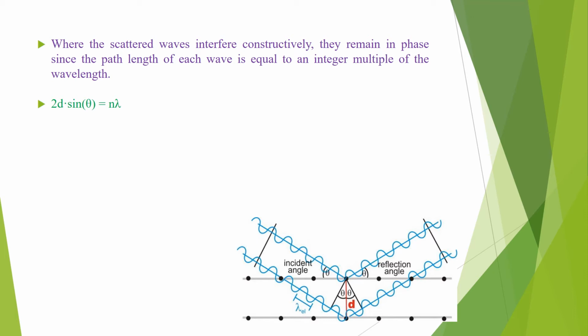So 2d sine theta will be equal to n lambda, that is, the difference traveled by the second wave may be one wavelength, or 2, 3, 4 or any integral value, which depends on the spacing of the planes of the atoms present in the crystal.